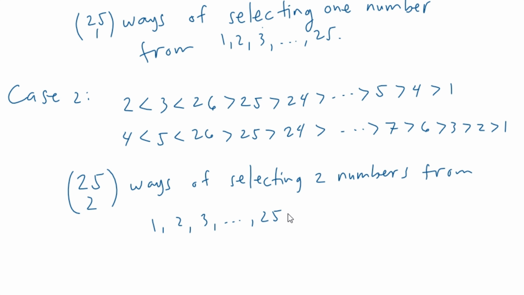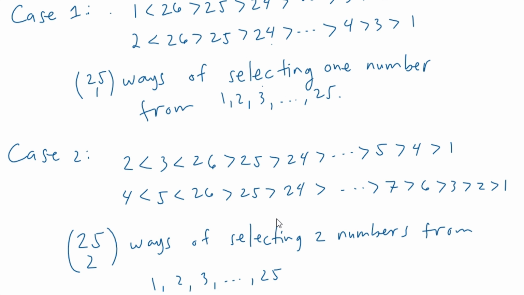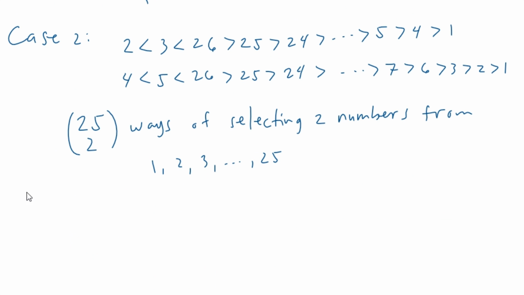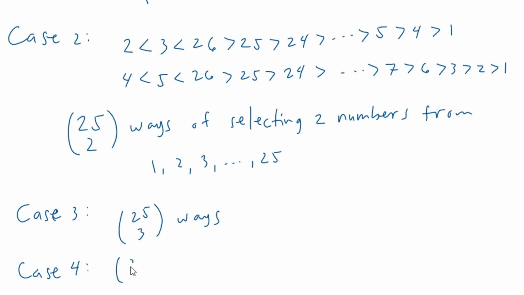Okay, so now we see that for case 3, there are 25 choose 3 ways of doing this. And then for case 4, there are 25 choose 4 ways of doing this.